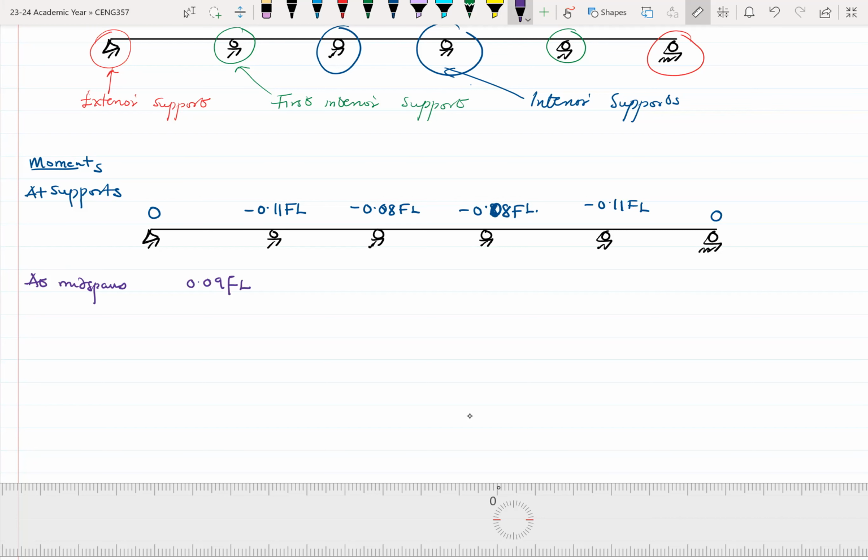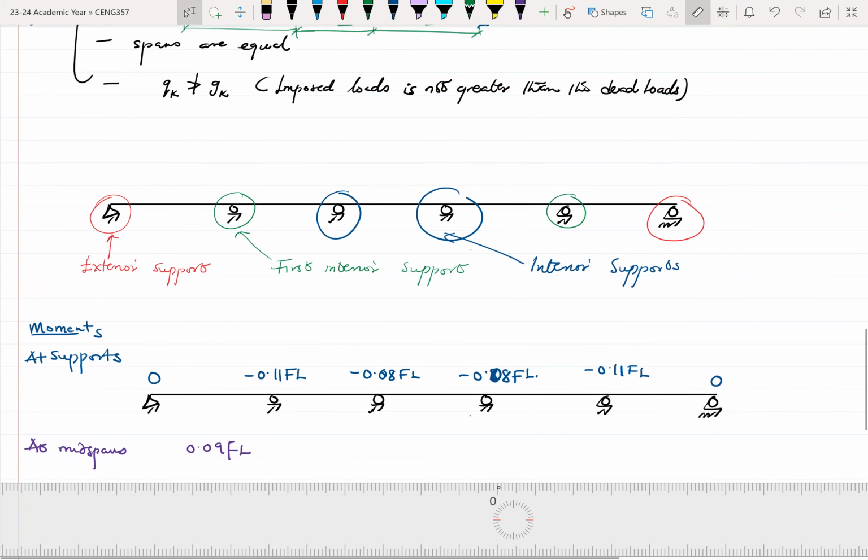We call this one near middle of end span. So that's what will give us 0.09 FL.